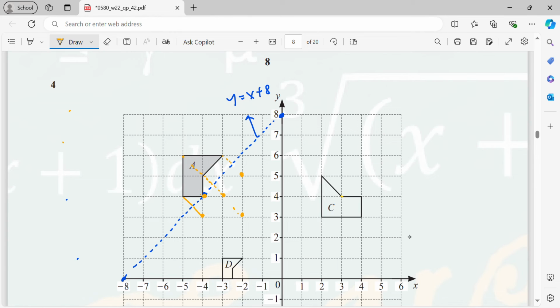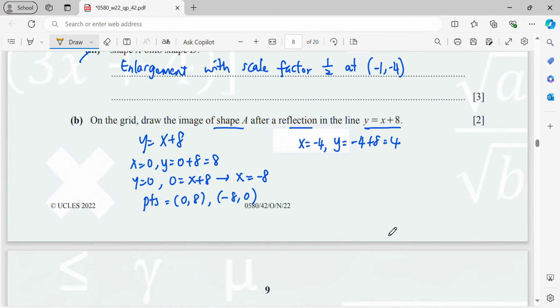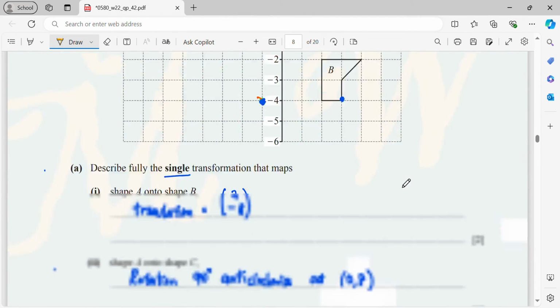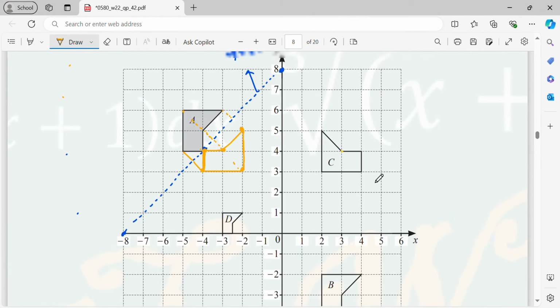Then I will just join the points. So this is my image, and that is the answer for B. So here I will label B. Okay, done for this question.